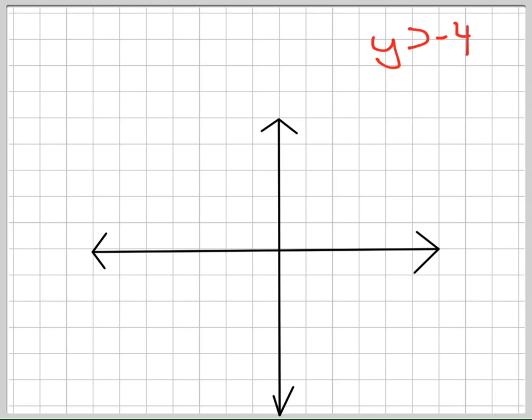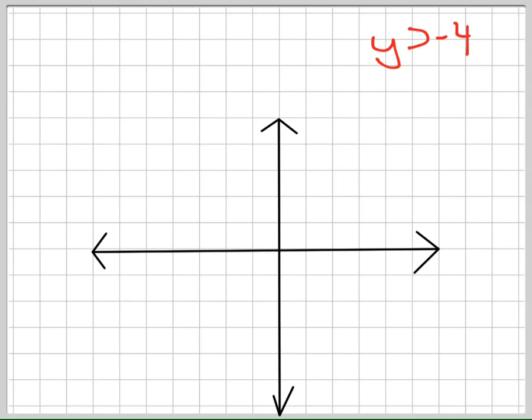First, is this going to be a dotted line or a solid line? It's going to be dotted because it's just greater than, but there's no slope here, right? The slope is 0. It's like 0x. They just didn't write the x. So when the slope is 0, what type of line is that? Horizontal, straight across.